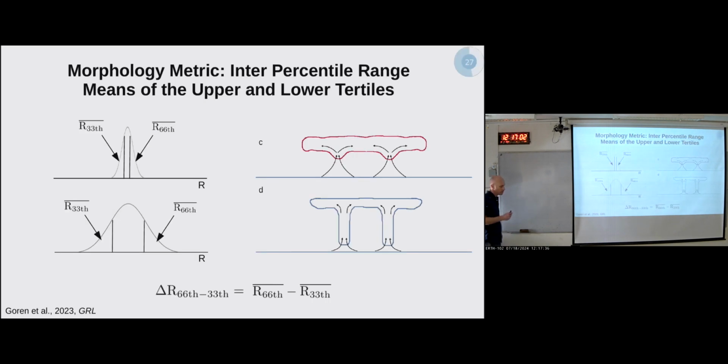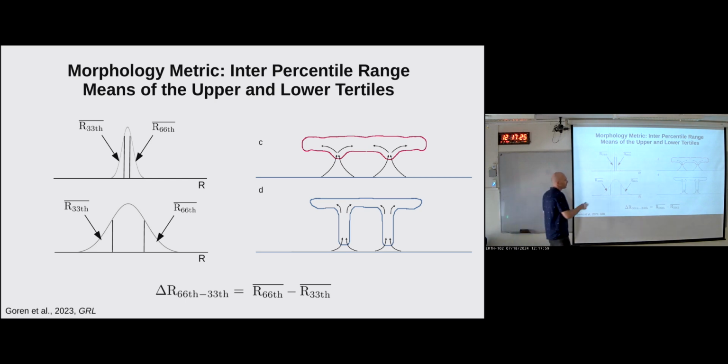And next we also need to quantify the inhomogeneity or the cloud morphology of each scene. For that we use the interpercentile range. It is the difference between the means of the albedo in the upper percentile, or upper 30 to 33% of the scene, minus the mean of the albedo in the lowest percentile.